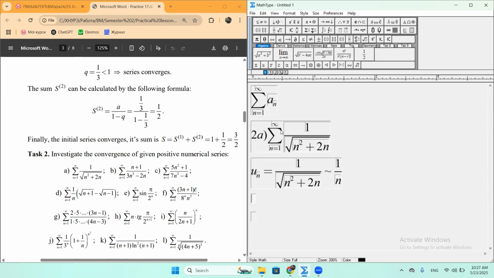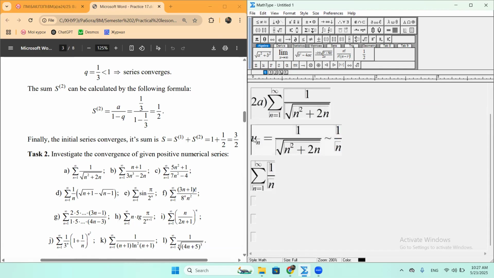So we will compare this initial series with the harmonic series that diverges. So the following series, and we can see that un.